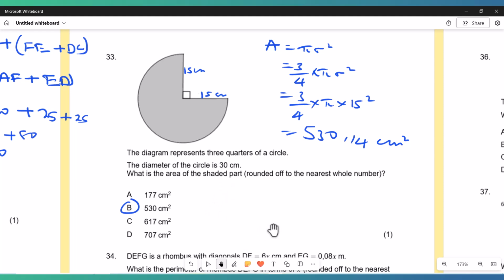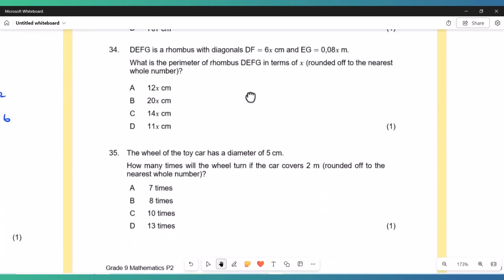Next question here, question 34. They say DEFG is a rhombus with diagonals of 6 centimeters and 0.08 x meters. What's the perimeter of the rhombus in terms of x to the nearest whole number?